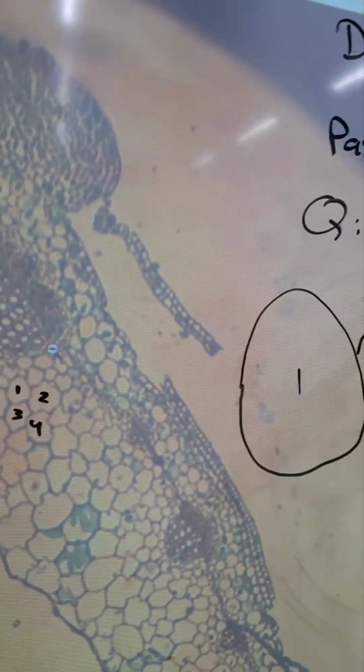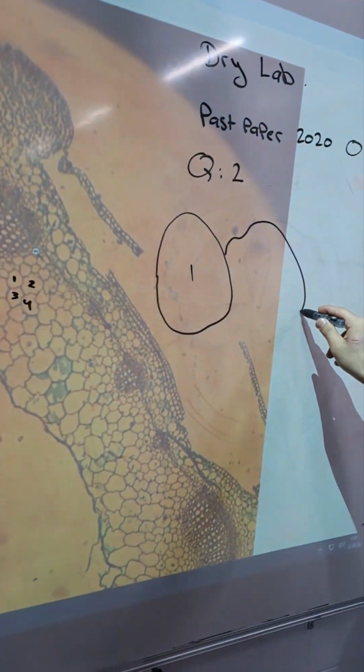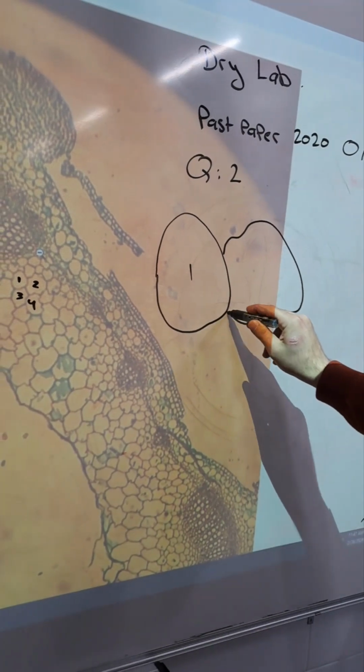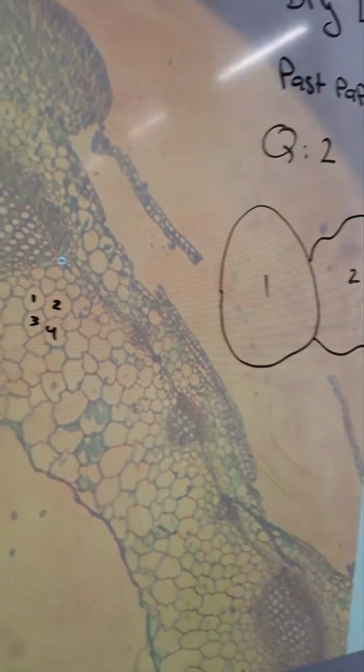I'm going to start with the first line, and then draw the second line after I draw the first one. So this is cell number 1, something like that. After that, I'm going to draw cell number 2, which looks like this. This is cell number 2.